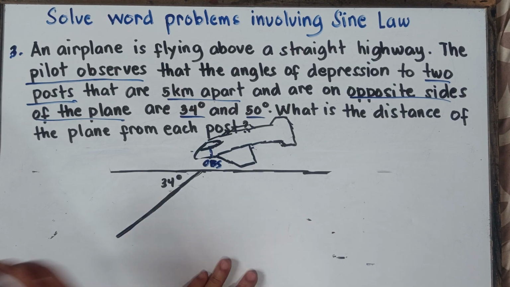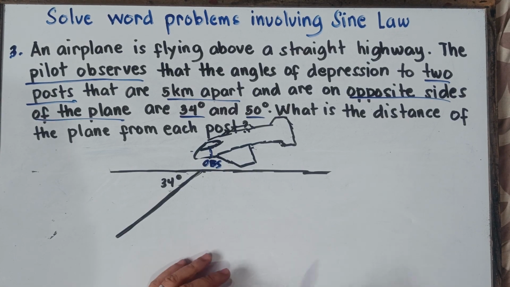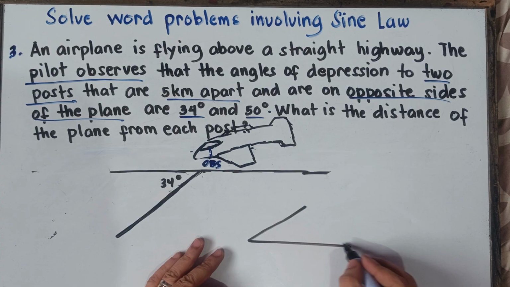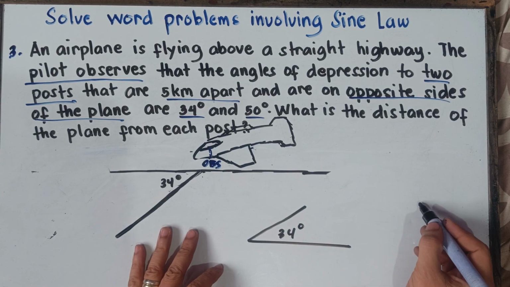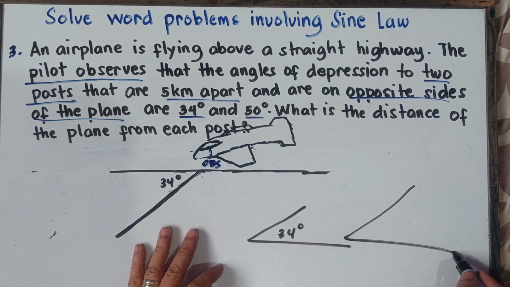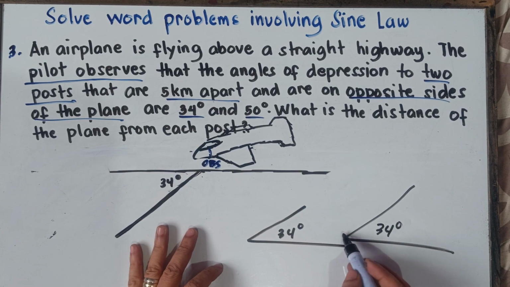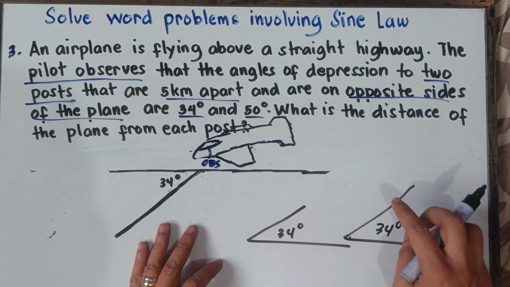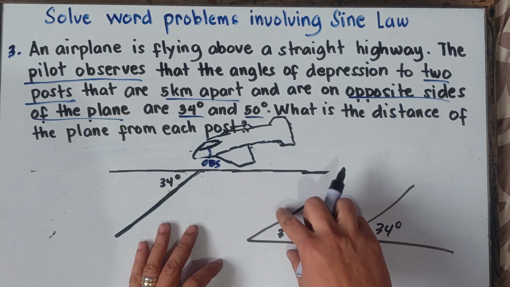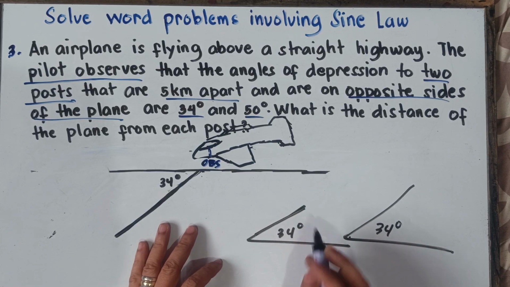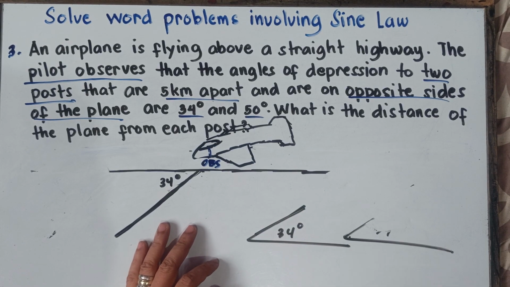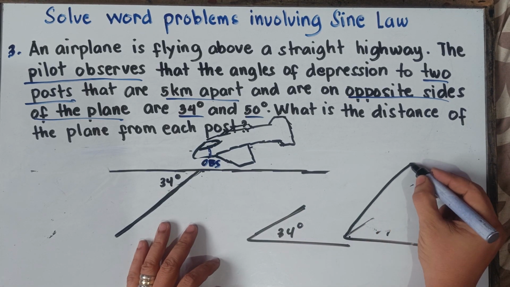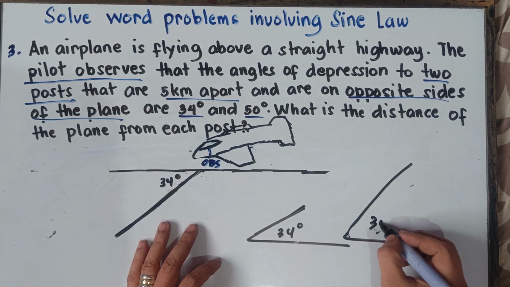Once again, class, let me just explain this with regards to the angles. Example, this one right here is 34 degrees. Of course, you can never say that this is also 34 degrees. Nope. 50 degrees is a greater opening than 34 degrees. If this is 34 degrees, of course, 50 degrees will open like this, greater than 34 degrees, right?